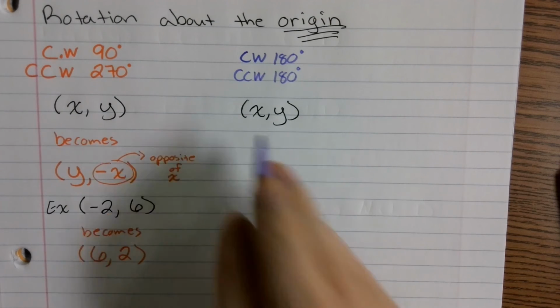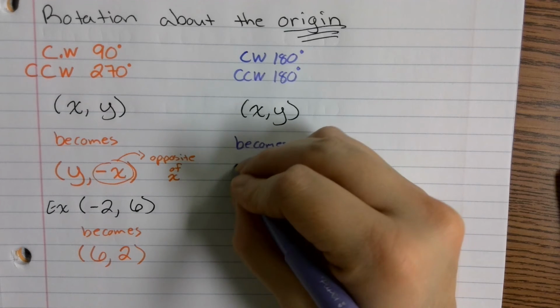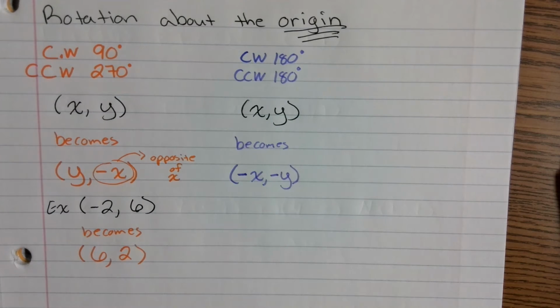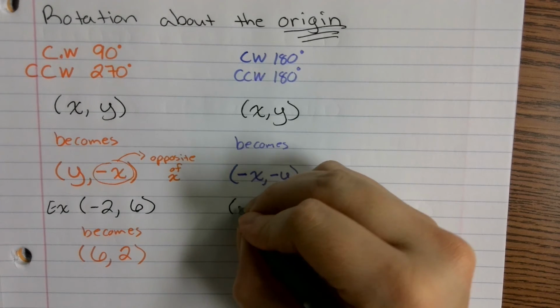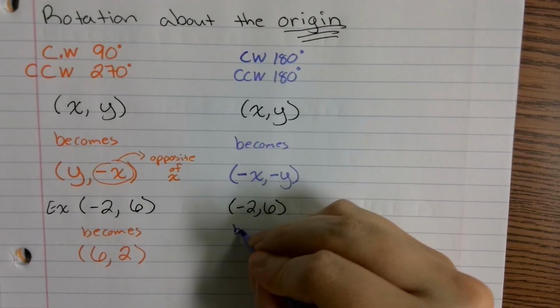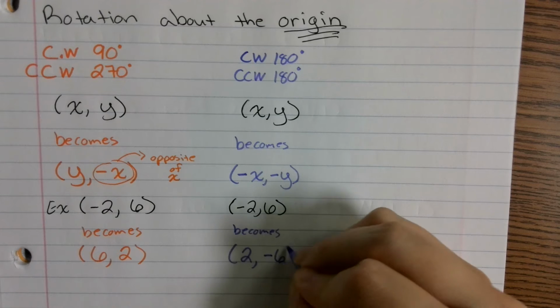So if you start with the point xy, xy then becomes the opposite of x and the opposite of y. Both of your coordinates stay in their same location. They just become their opposites. So again, if we had that point -2, 6, it now becomes the opposites, +2, -6.